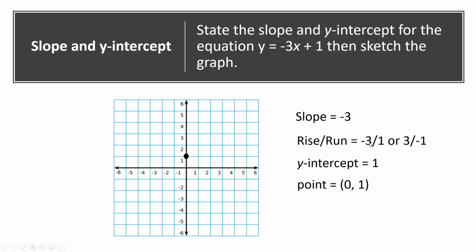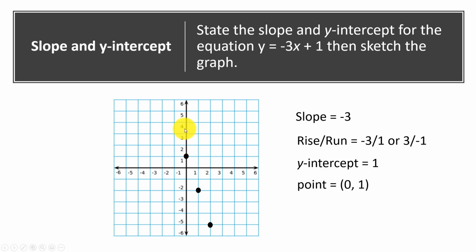That's here. And now from that point, if we go down 3 to the right 1, there's our point. We go down 3 to the right 1, there's our third point. Now if we use this one, to get the points above the y-intercept, I'm going to rise 3, but this time go to the left 1.